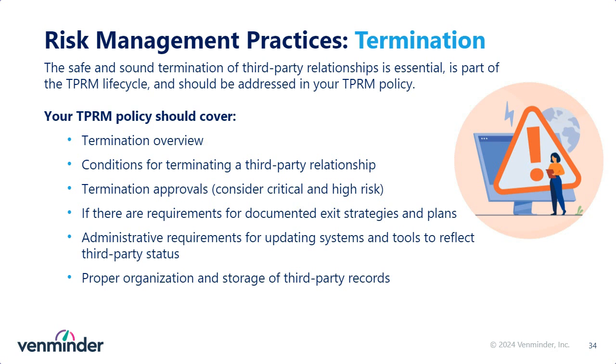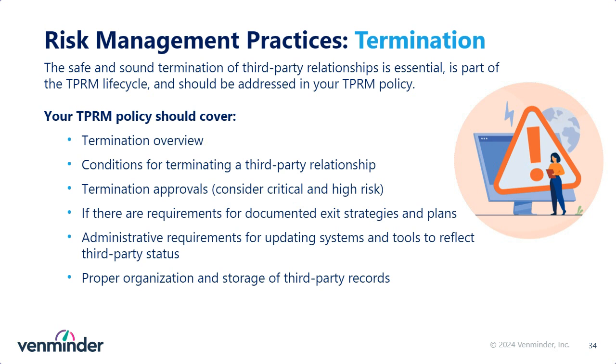All right, so one section that I see left out of policies all the time is the termination section. I really want everyone to seriously think about including this section if you don't have it already, because there is so much operational, legal, compliance, financial risk, et cetera, that can be tied up in poorly executed vendor terminations.